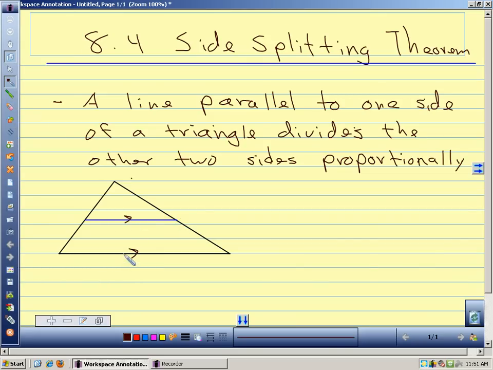And remember that the arrows mean parallel. Arrows mean parallel. So I'm going to label the parts of this triangle.